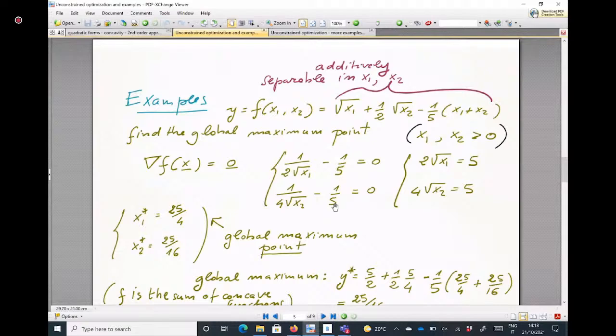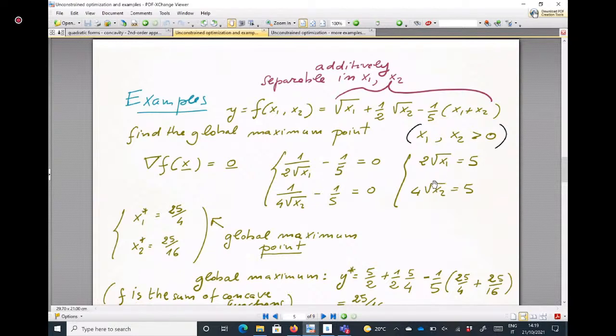From the first one, we have that 2 square root of x1 is equal to 5, okay? From the second one, we have that 4 square root of x2 is equal to 5 as well. Can you see why the solution is so easy in this case? Is it difficult to write down this, moving from this one to this one?